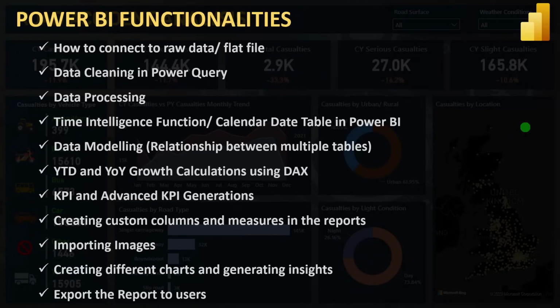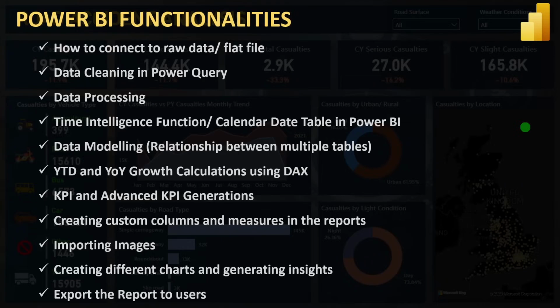And then we have data modeling, where we will connect our different tables, which is nothing but what we call joining of these tables, right? And then we will see some DAX calculations to find year to date and year on year growth calculations.